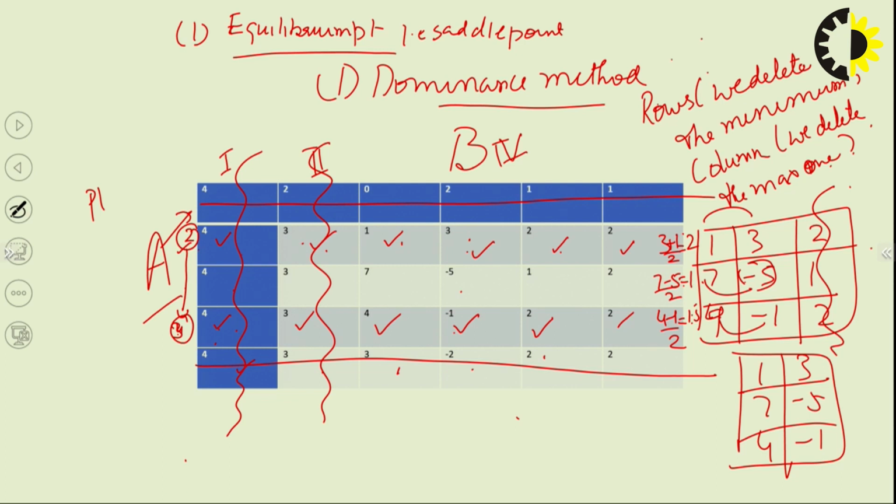In rows, the smaller one is eliminated. So 7 plus 4, 11 by 2, minus 6 by 2. This comes out to be 5.5 and minus 3. It cannot be dominated.